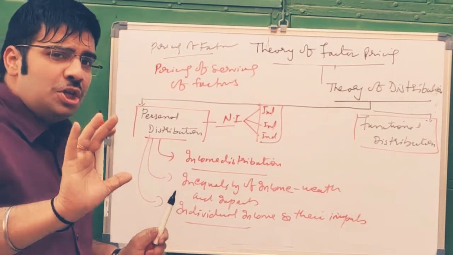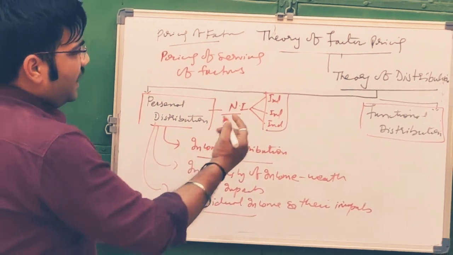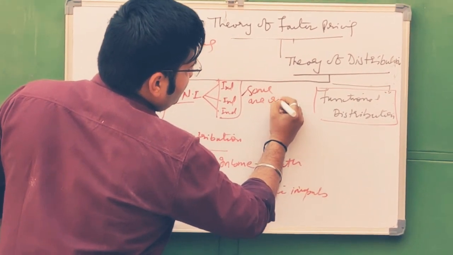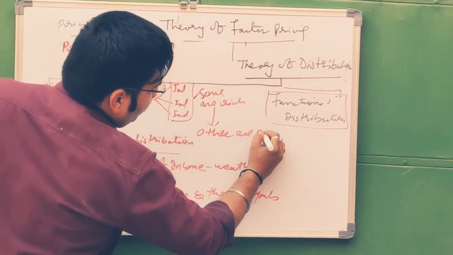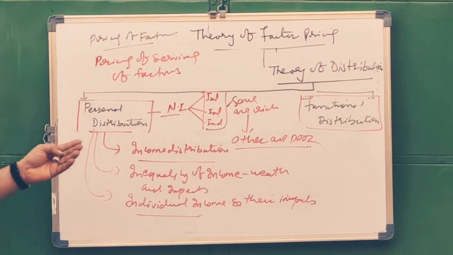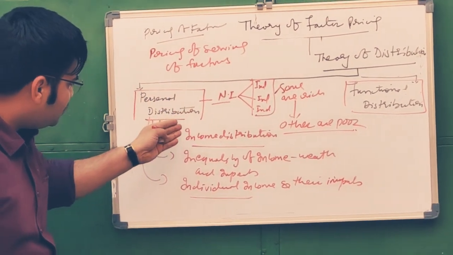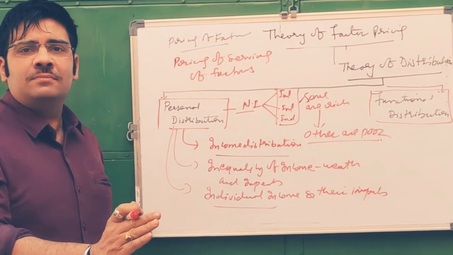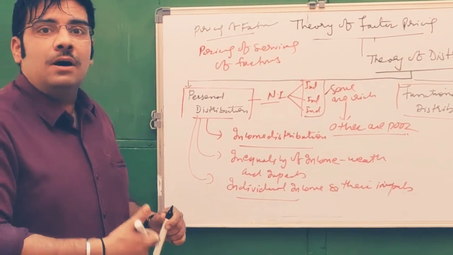That is why some are rich and others are poor, and the inequality can be great. So personal distribution studies how personal income is determined and how this inequality emerged.